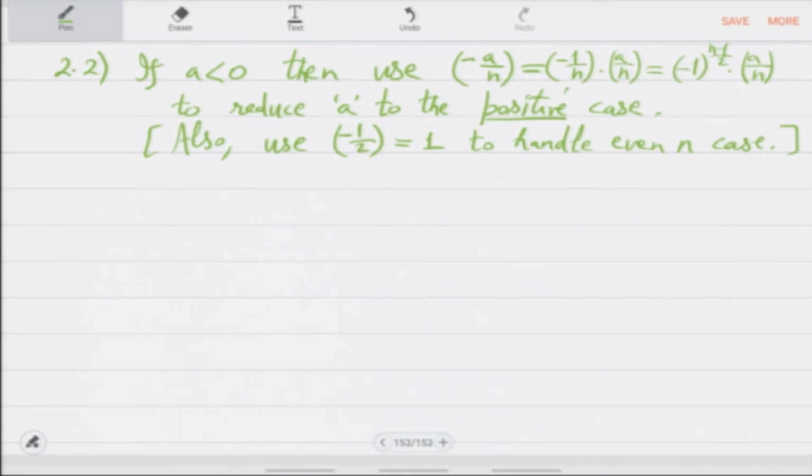Basically remove the extra 2 power in n using this formula again and again, and then when you have an odd n, you use the minus a relationship. This way you will make a positive. So we can now assume a to be positive without loss of generality.